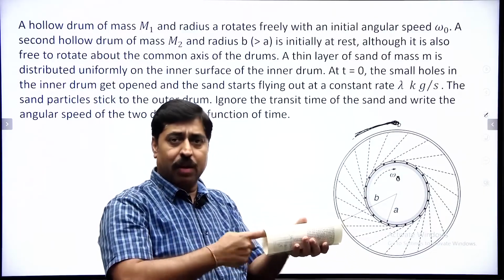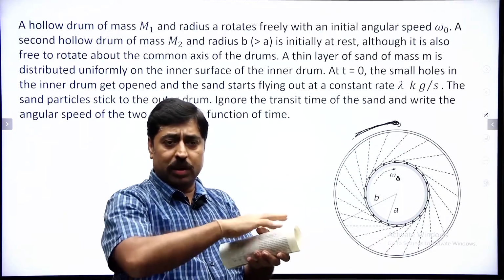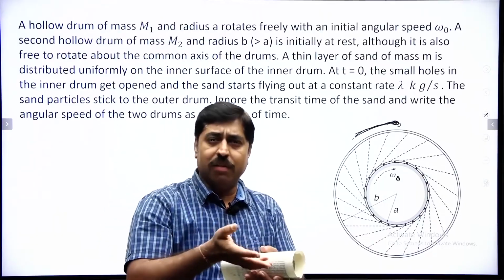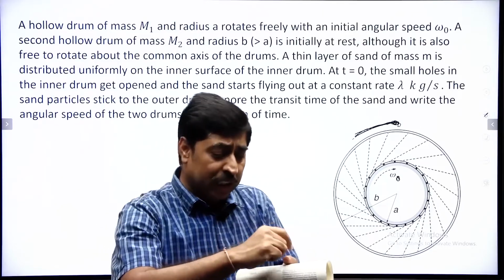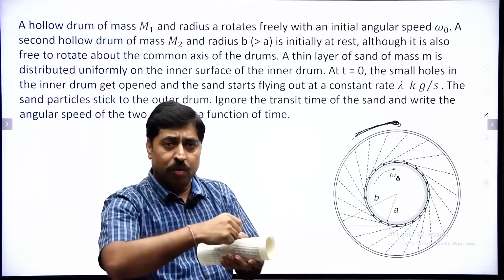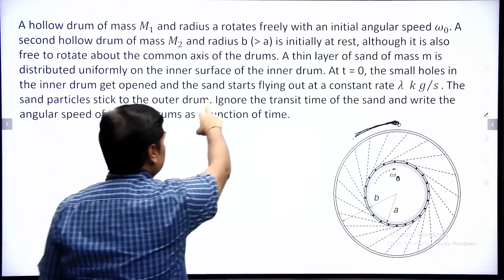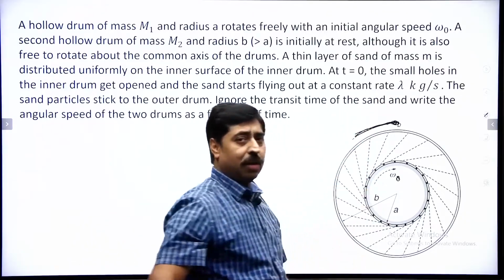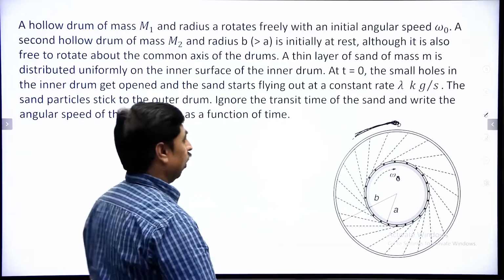There is a thin layer of sand inside it. So the sand starts coming out from these small holes at a constant rate of lambda kilogram per second. Every second, lambda kilogram of sand is thrown out.